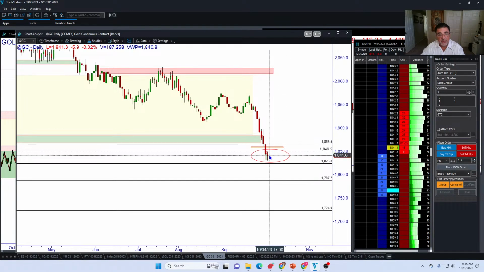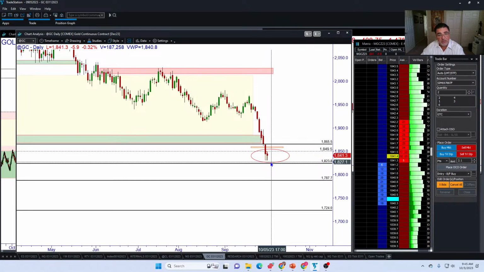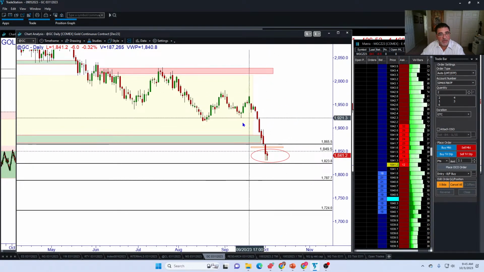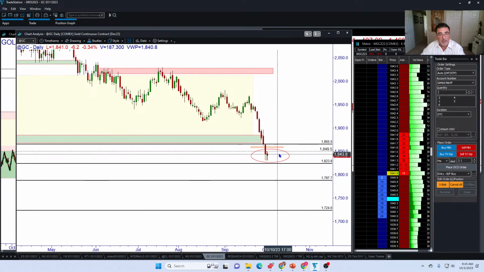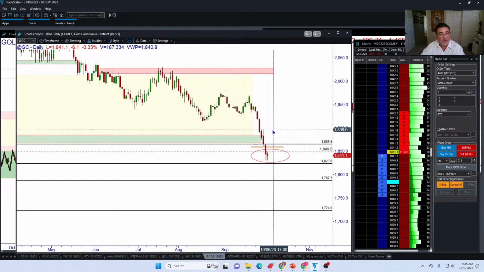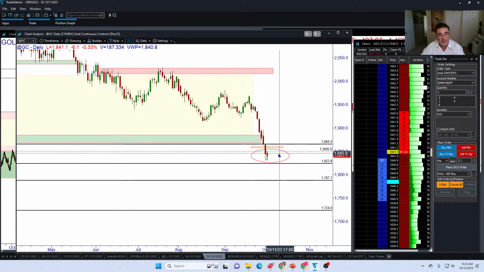Okay, so it could be another red day, not taking out that low or taking out the stop. Okay, but something is manufacturing a potential turn on gold, and I want to give it a shot intraday, and maybe tomorrow still look at this same area for that breakout above 1849.5.